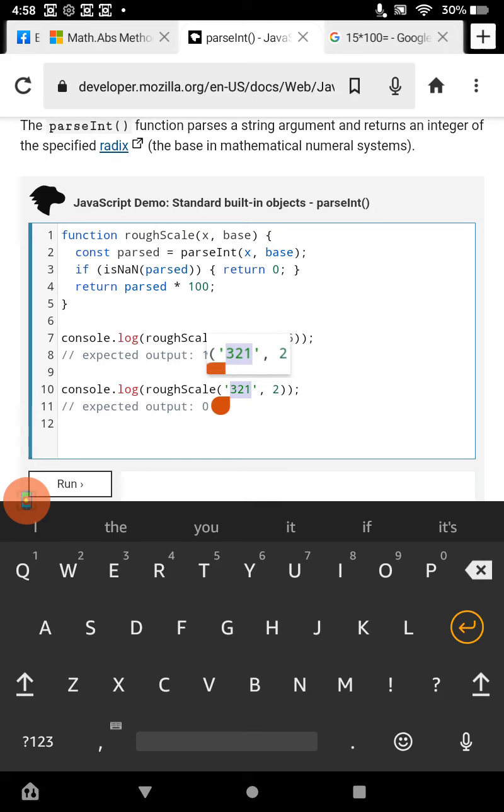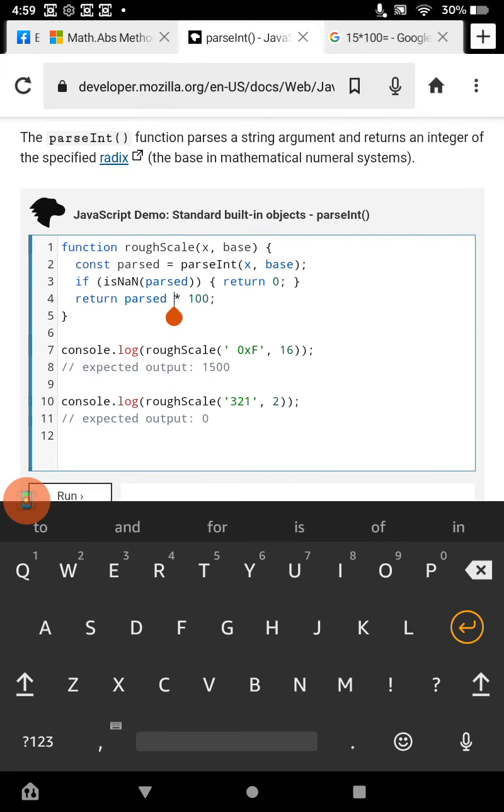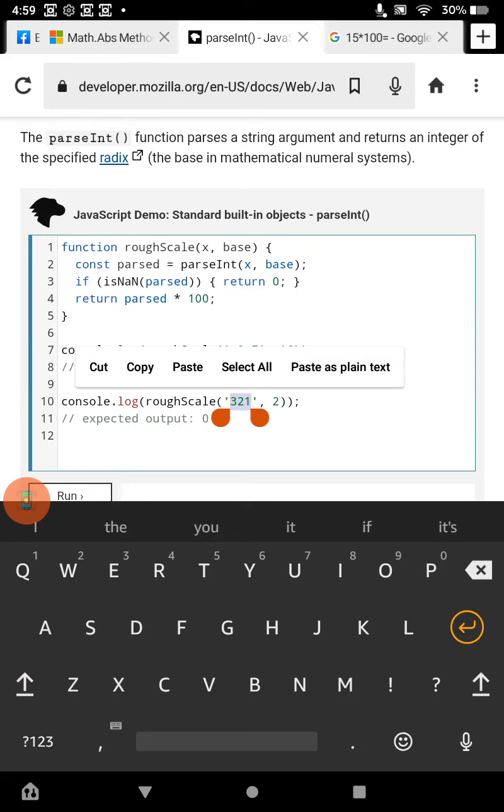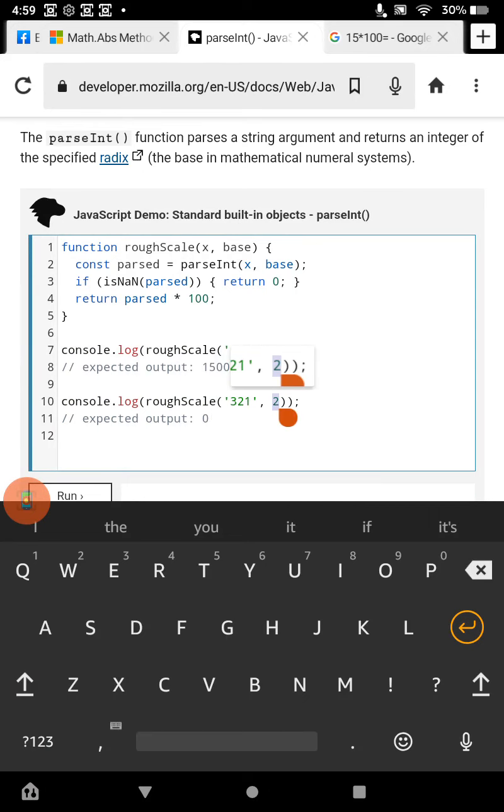And the programmer knew that, and that's why they knew it wouldn't compute correctly. parseInt would not compute 3, 2, 1 as binary base 2. The programmer knew these two would not work together.